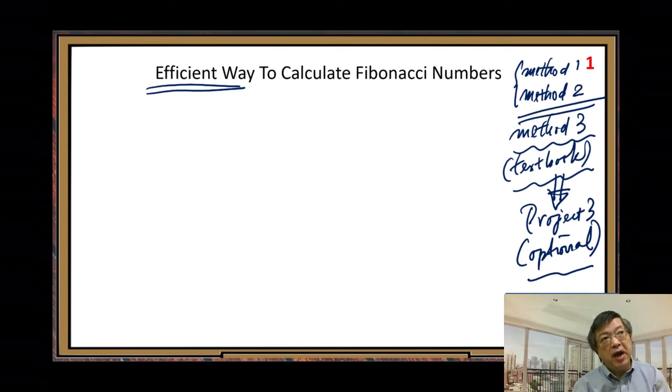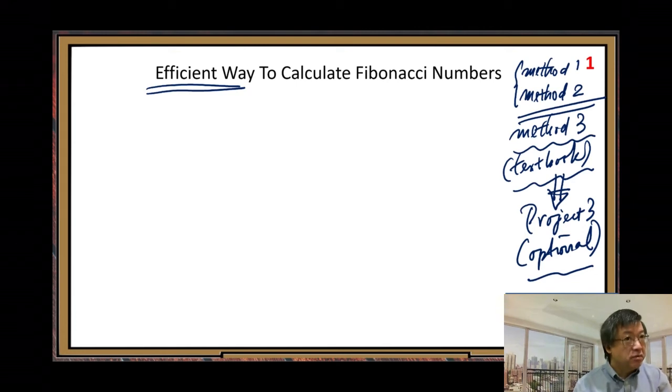Now, if any of you like to implement this one, you can earn extra credit. So optional project 3. After the Thanksgiving break, I will post project 3 description. Then I use videos to explain the idea of the algorithms. Then you just implement it.